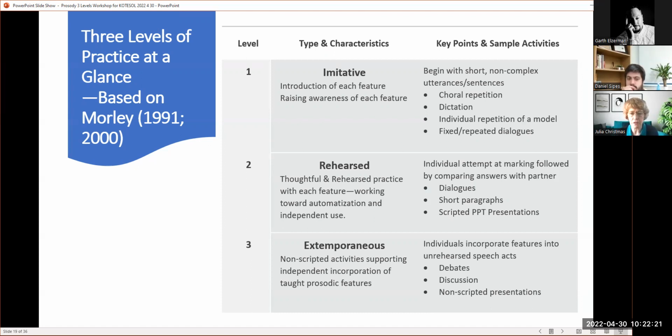Level 3 is the key points of the activities. I use dialogue, short paragraphs, and scripted PowerPoint presentations. I'm not a fan of scripted presentations, but because their EMI and CLIL classes are quite high level, my students like to script them before they give their presentations.